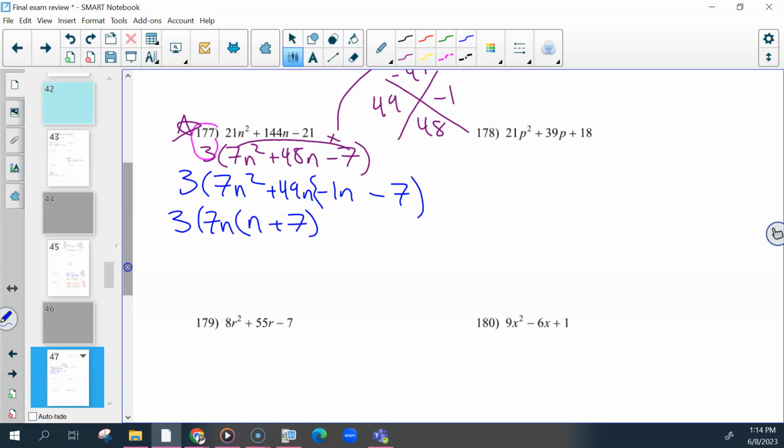And then find the GCF of the last two. 1, but negative. And then rewrite it. Bring down the original GCF. Outside numbers, 7n minus 1. Inside numbers, n plus 1.